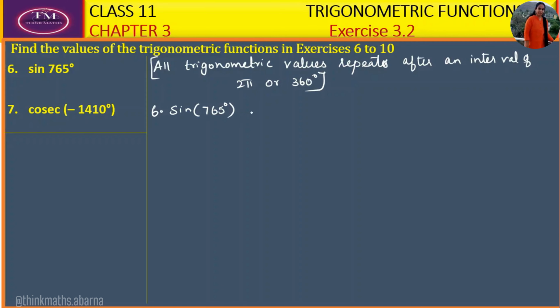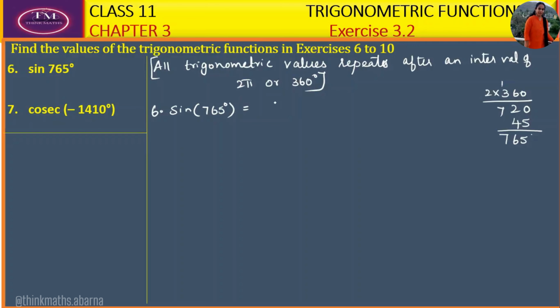So let us see. 2 into 360. What is 2 into 360? 0, 2 6s are 12, 2 3s are 6, 720. So 720 plus 45 is 765.